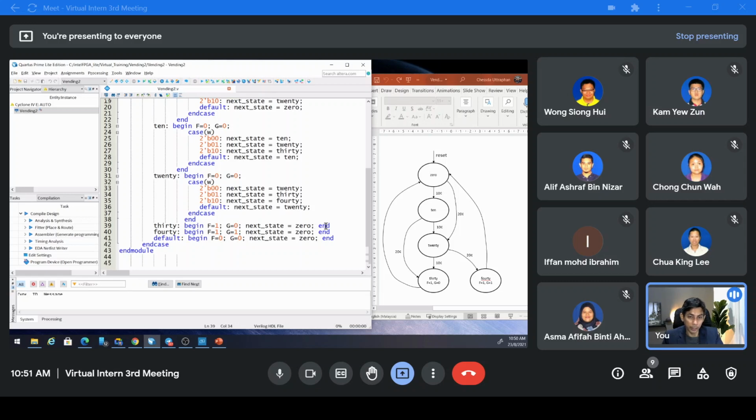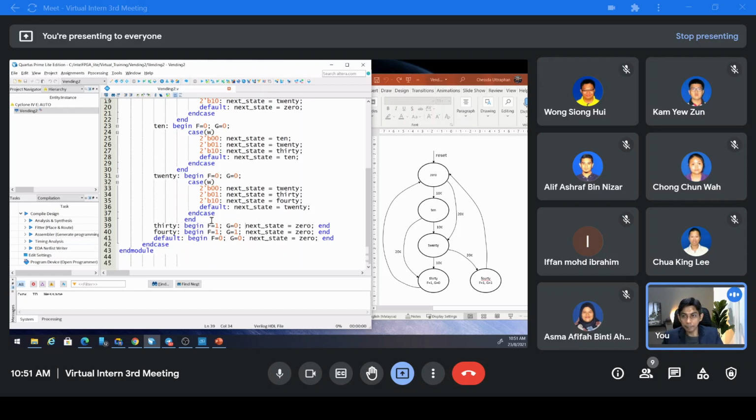No need to wait for another input, so we go back. 40 is also the same. When 40, F equal to 1 means that we dispense, and G equal to 1 means that we need to return the balance, and straight away we go back.